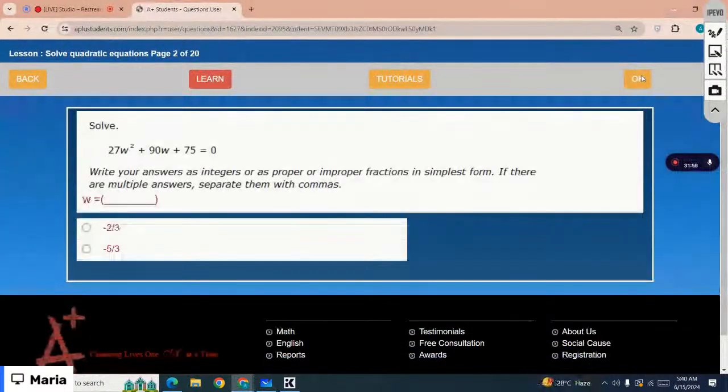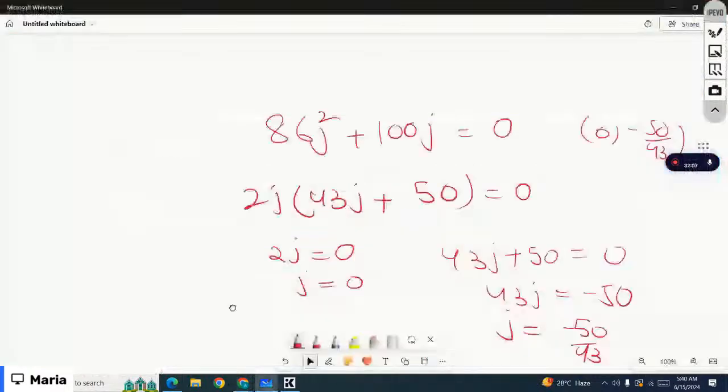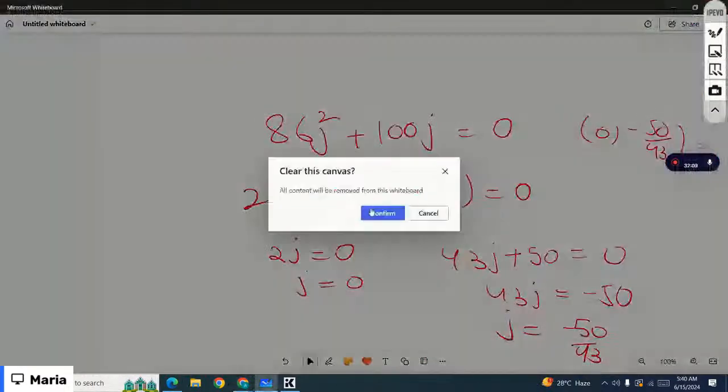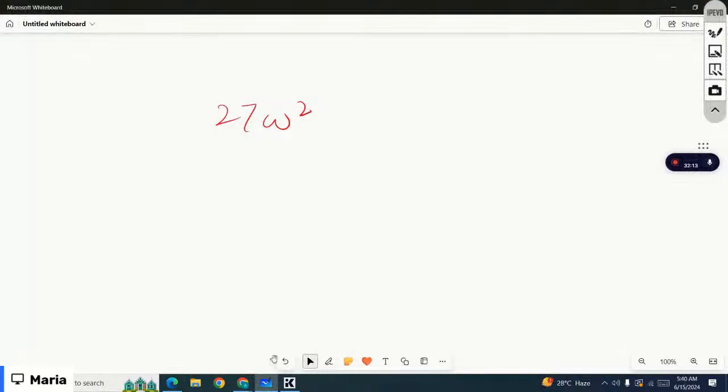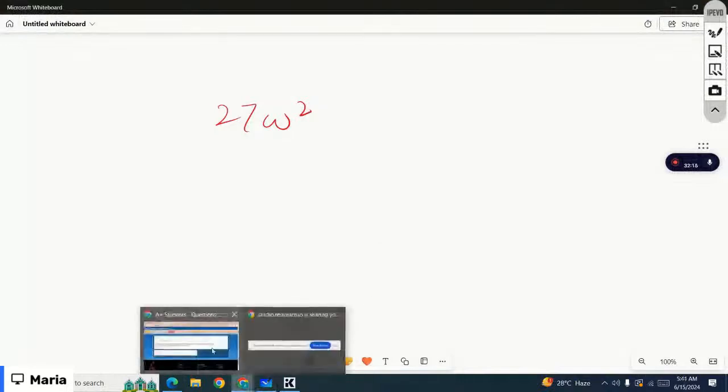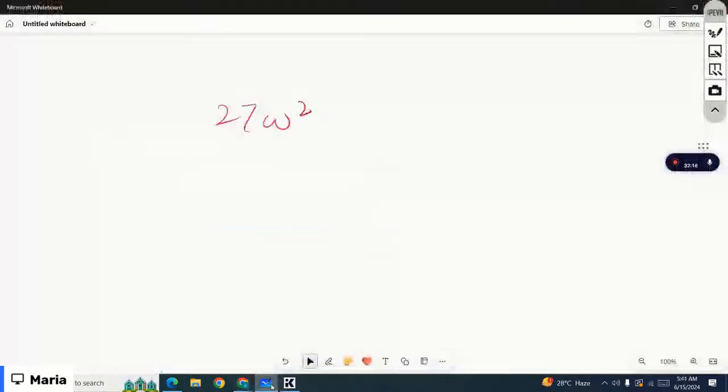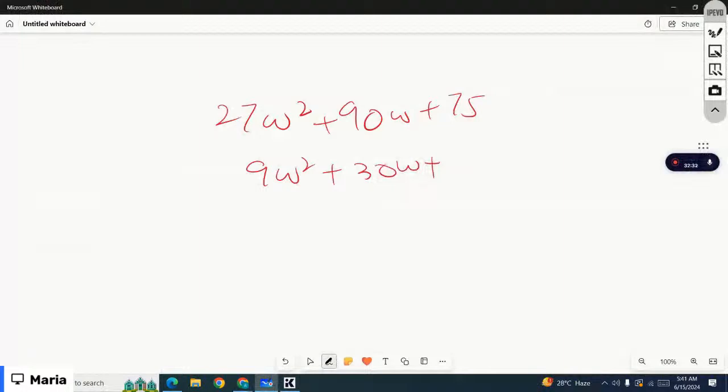27w square plus 90w plus 75. All the numbers are multiples of 3. Let's just divide them by 3. 9w square plus 30w plus 25, right?